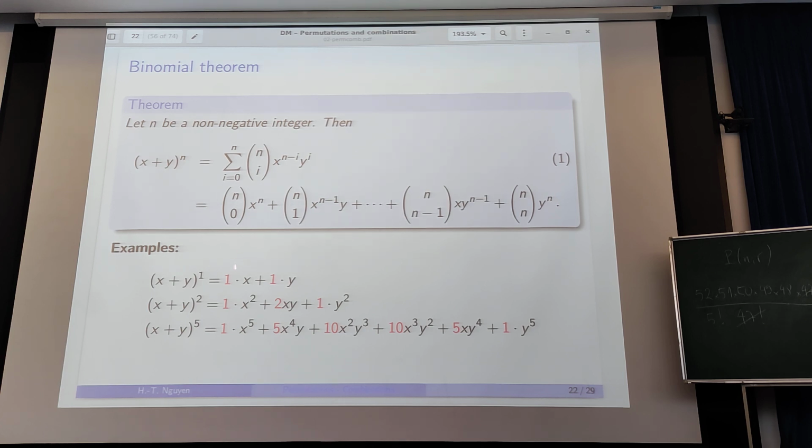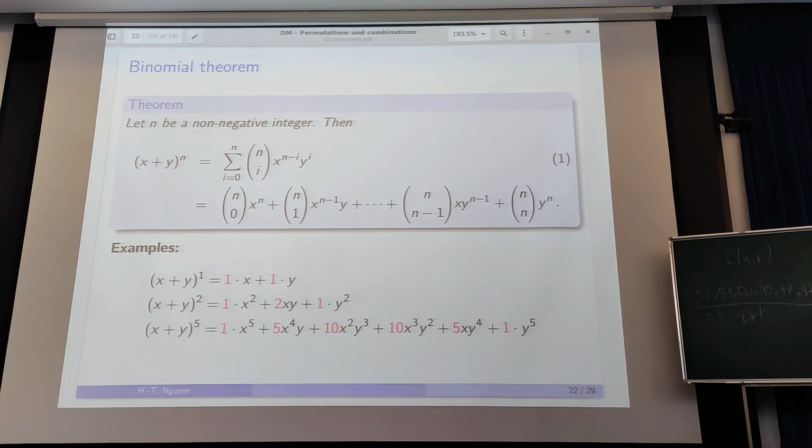So here you can verify that 1 choose 0 is always 1. Okay? So here the first and the last coefficients are always 1 because n choose 0 is 1 and n choose n is 1. Okay? So what is the meaning of n choose 0? N choose 0 is the number of subsets with 0 elements.